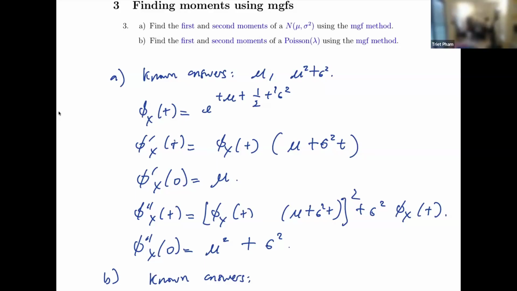Well, for the Poisson, the mean is lambda, and the second moment will be the variance, which is also lambda, plus the mean squared. So lambda plus lambda squared.